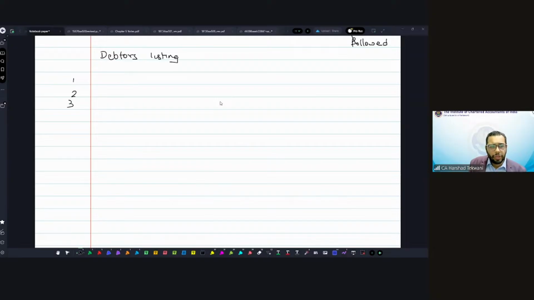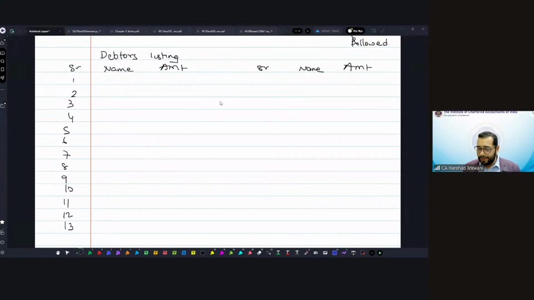Name, amount, serial number. We will create a fake data listing over here for the purpose of the confirmation process, and we will do a sampling out of it.